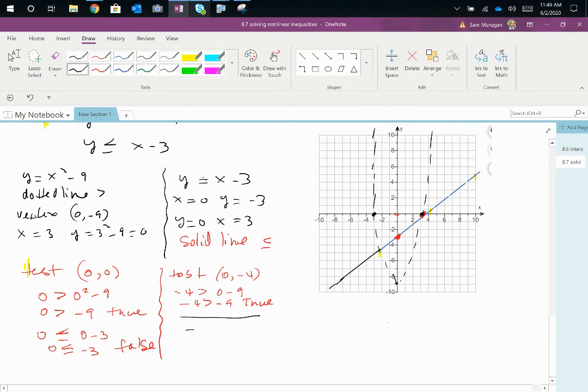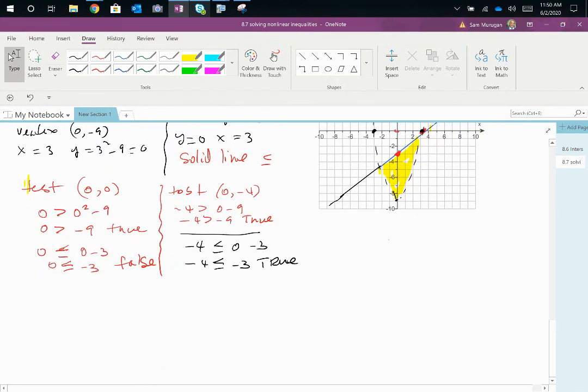So negative 4 is less than or equal to 0 minus 3. Negative 4 is less than or equal to negative 3, which is also true. So this is confirming that the shading is in this section right here, below the line but inside of the parabola.